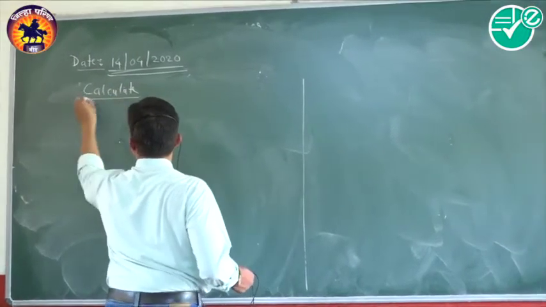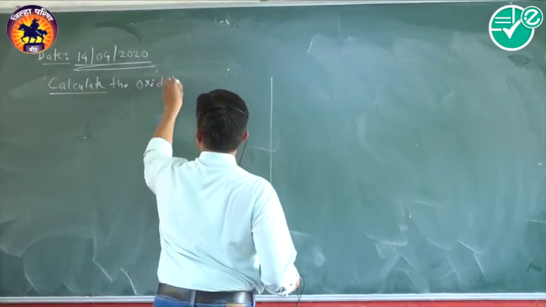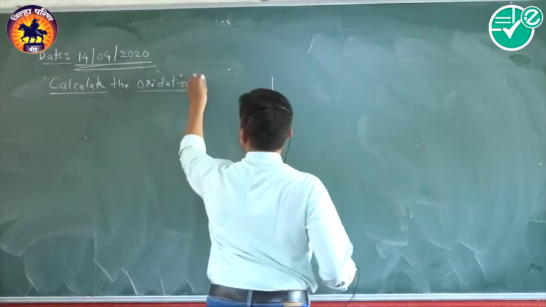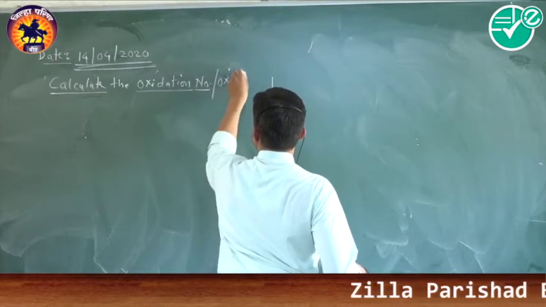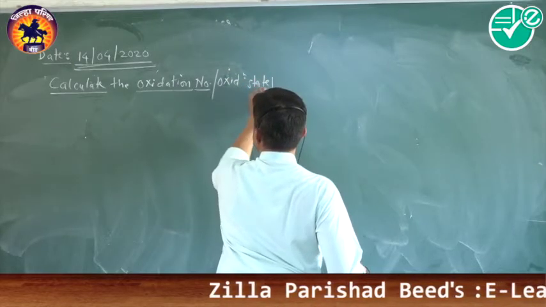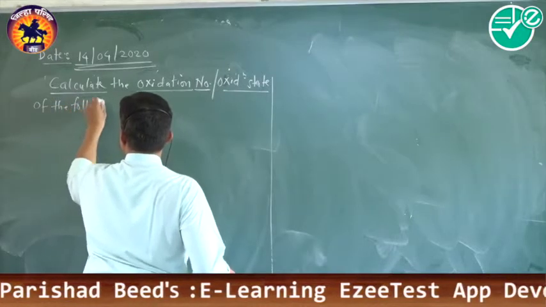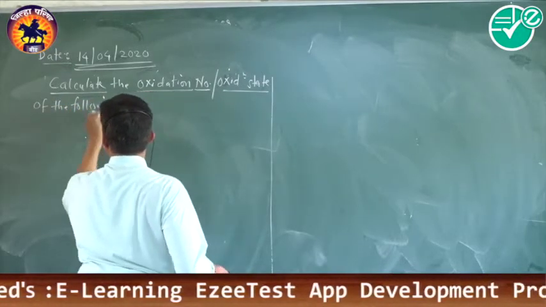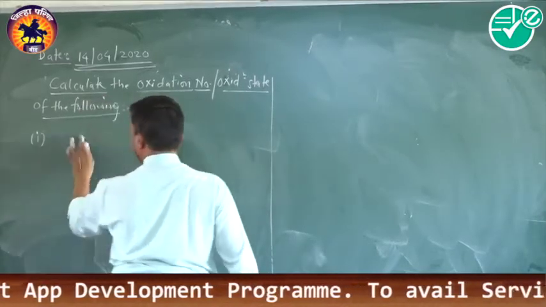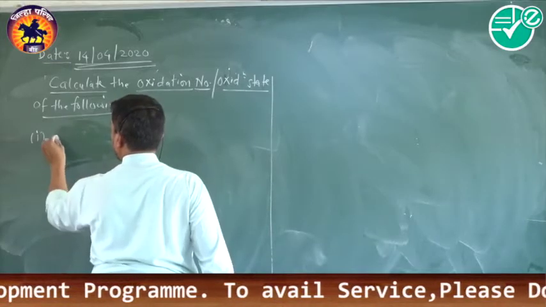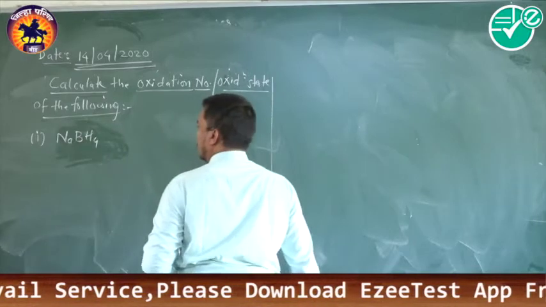Calculate the oxidation number, or we say oxidation state, of the following. Now we have to solve the exercise. We'll take the first compound.